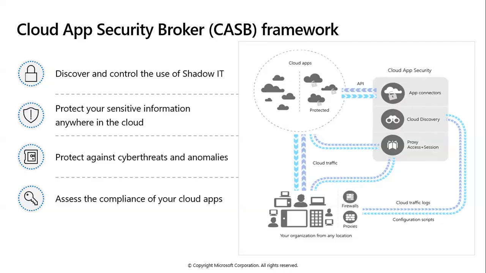Suppose you are using one VM, and for that VM maybe five disks are attached. The primary disk will be only one, right? Later you have added the others. So all those shadow resources will be discovered by the cloud app security broker framework.